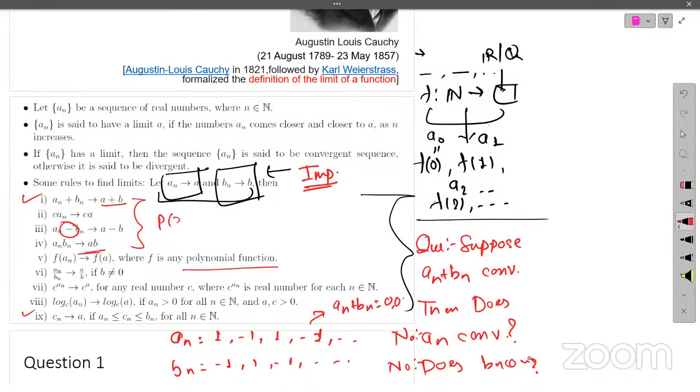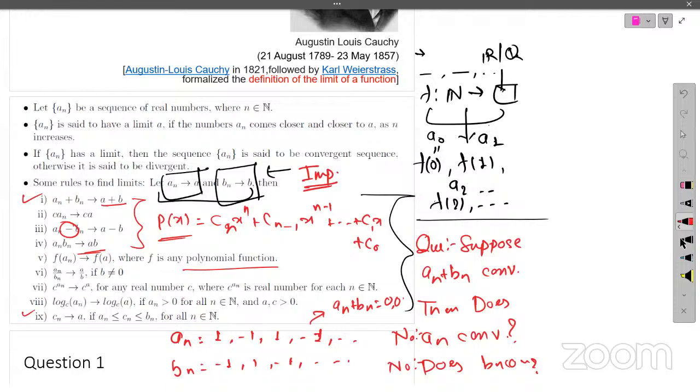So if you have a polynomial in x, suppose coefficients are there: c0 x to the power n plus c1 x to the power n minus 1 plus and so on, plus c, right? A polynomial is nothing but a combination of all these operations.